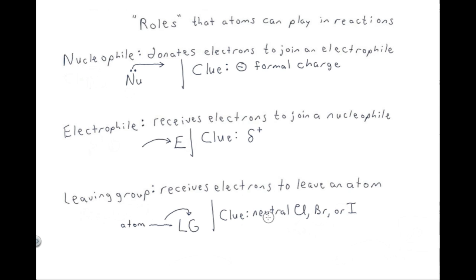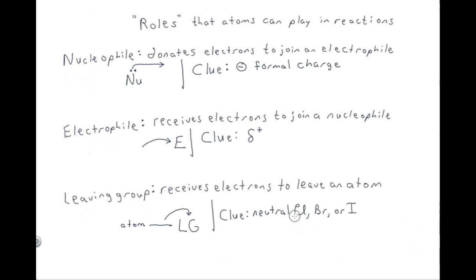By the way, here I mean neutral, zero formal charge. I'm not talking about delta charges here. Generally, you should assume that I'm talking about formal charges, unless I specifically mention that I'm focusing on delta charges. So these would be chlorine, bromine, and iodine with zero formal charge.